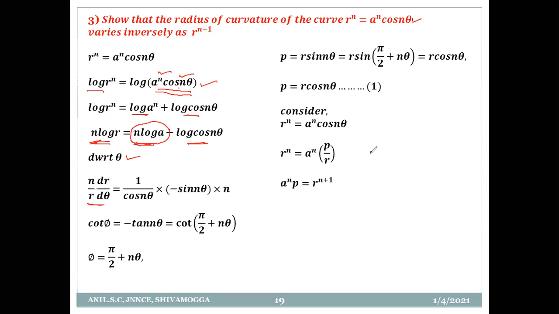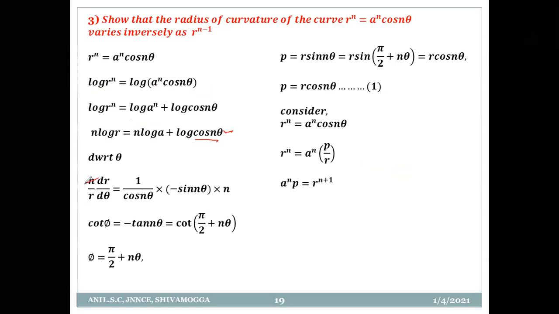Derivative of log cos n theta is 1 over cos n theta into the derivative of cos n theta, which is minus sin n theta, and the derivative of n theta with respect to theta is n.